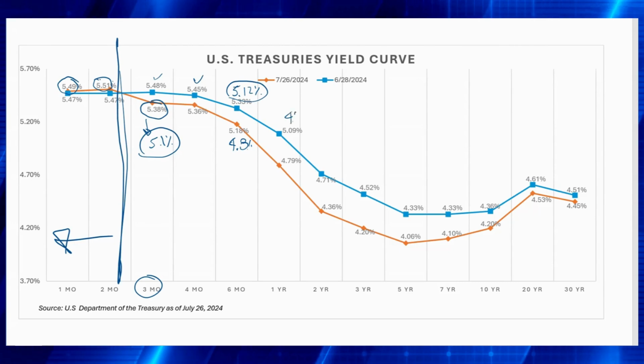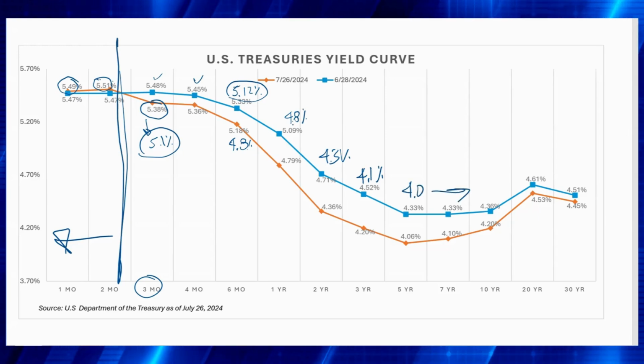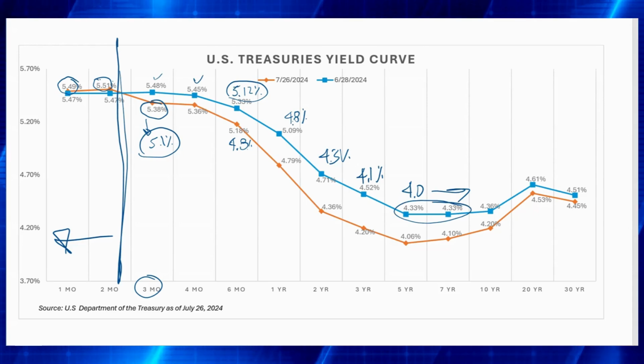If we continue down this blue line from here, it goes from 5.12 down to 4.8. This is about 4.3%. The forward rate here is around 4.1%. This goes down to about 4.0 and it basically stays there. This is basically the terminal rate of the interest rate declines that are expected.